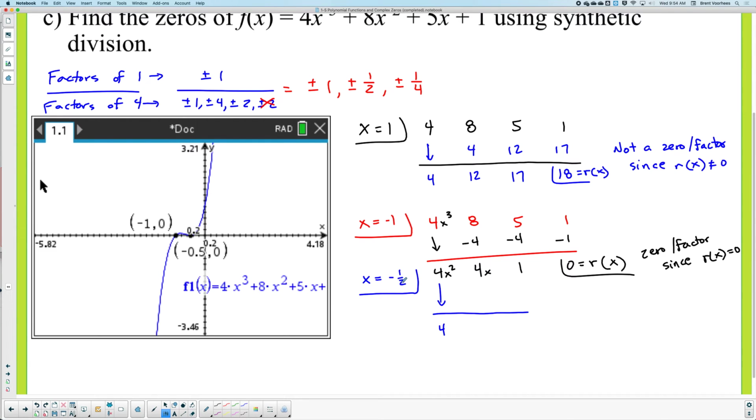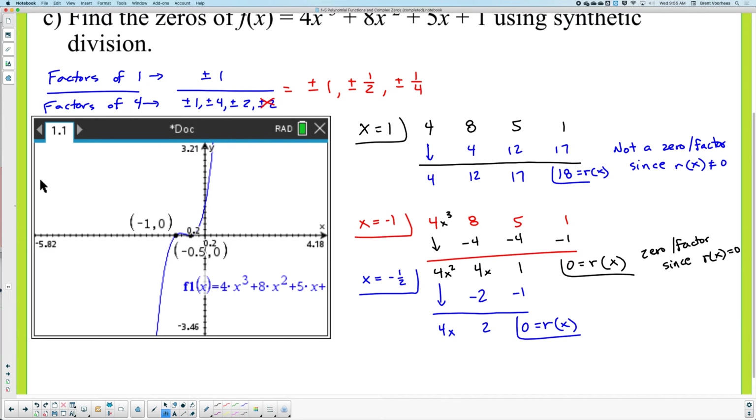You go 4 divided by 2, which is 2. Multiply that by -1. I'm getting -2. What's 4 minus 2? Positive 2? 4 times -1/2? -1. And 1 minus 1 is? Again, this is our remainder.